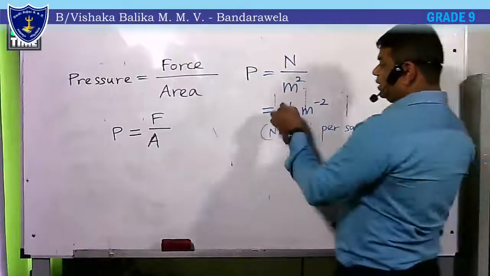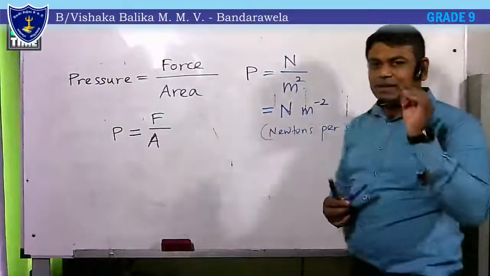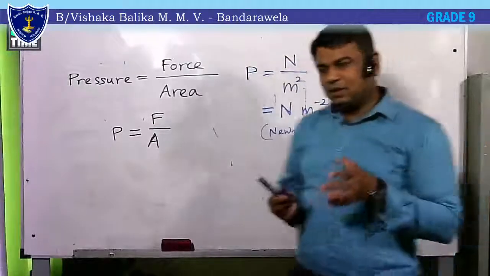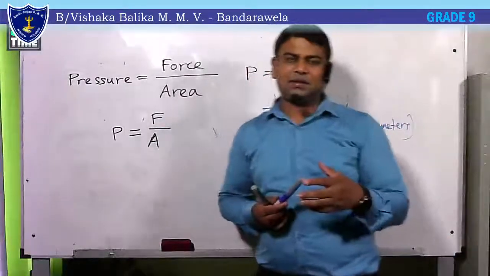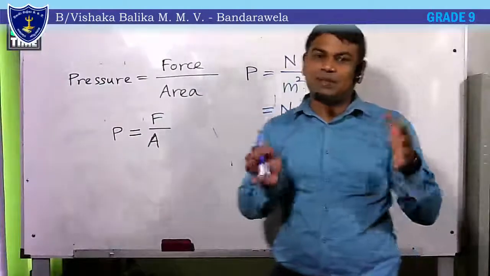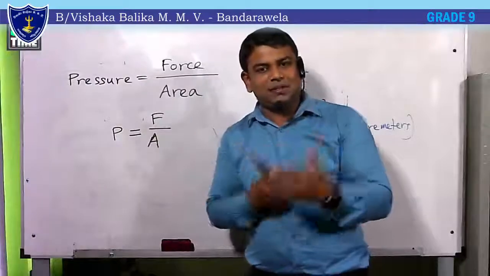If 1 newton is exerted on 1 square meter, that is called a Pascal. Pascal is the common unit used for pressure. We use Pascal to respect the great scientist Blaise Pascal, who experimented on many things about this.